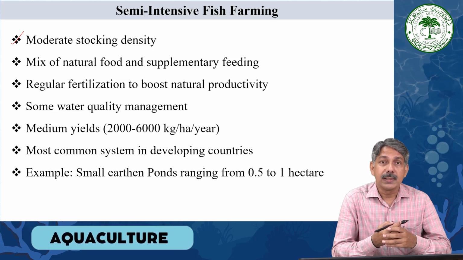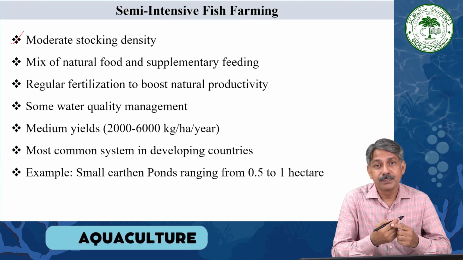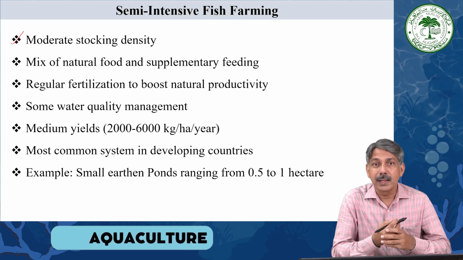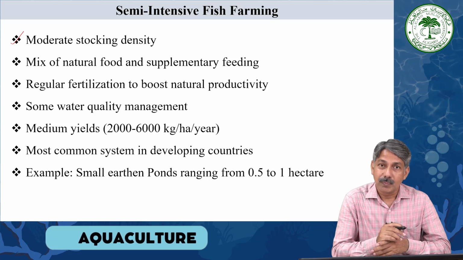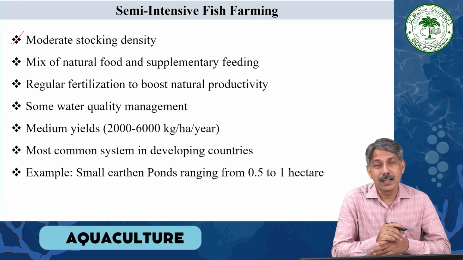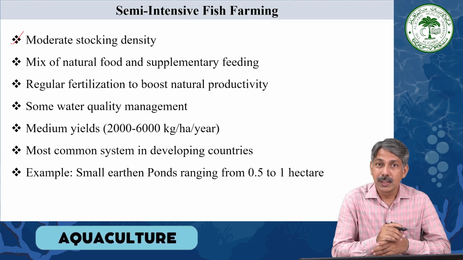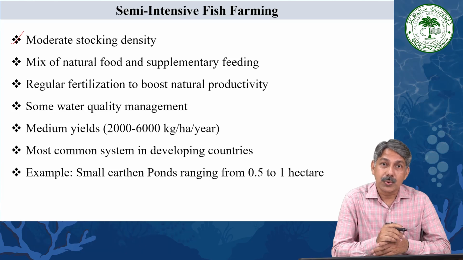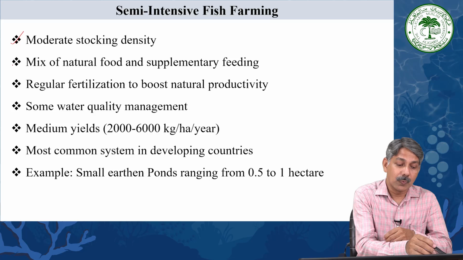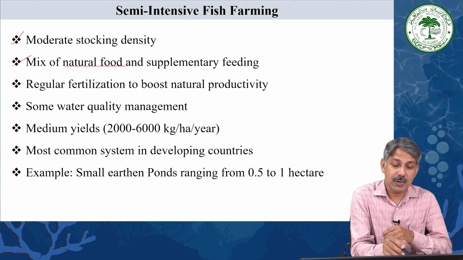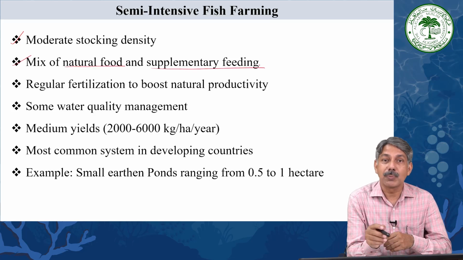So the food deficit is covered by supplying food from outside, or supplementing artificial food into the pond, so that food is available to all the fishes for their growth. So in addition to natural food, we also provide supplementary feeding.